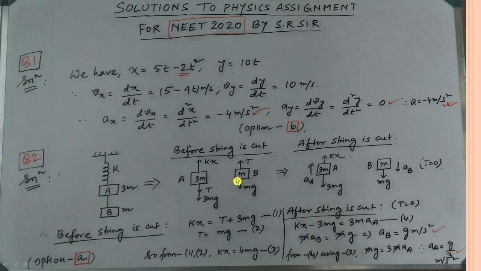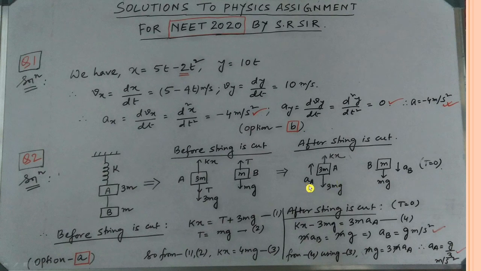Now the string is cut. After the string is cut, what happens? This mass has the restoring force Kx, which acts upwards. Because the string is cut, no tension will act, so T is 0. This T vanishes, so only Kx upwards and 3mg downwards is left.